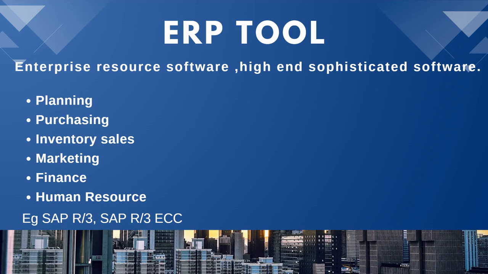SAP R3 and SAP R3 ECC are a few examples. So what is R3? It is actually a three-layered architecture. It involves the user interface layer, application layer, and database layer. And what is R3 ECC? ECC is Enterprise Central Component. It will involve all the functional components. What is a functional component?